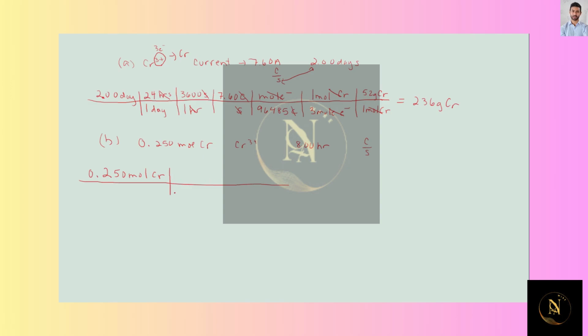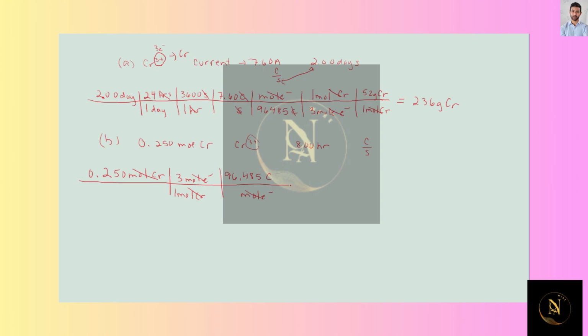So for every 1 mole of chromium, it's going to be 3 moles of electrons because of that charge there. So moles of chromium cancel. Now I have moles of electrons, and now I can use Faraday's constant. This time it's going to go on top, 96,485, because I'm trying to cancel out moles of electrons. So those go on the bottom there.